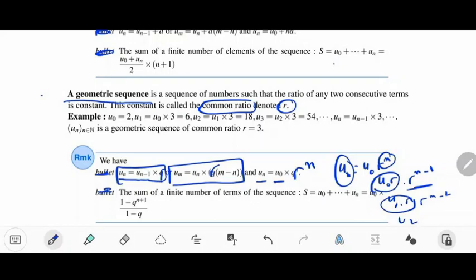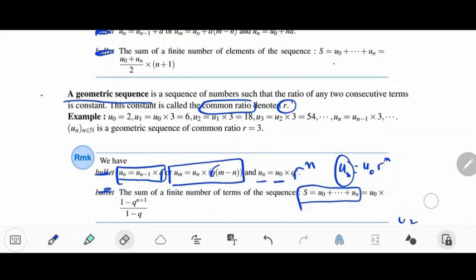What's also interesting is to calculate the sum of n terms of the geometric sequence, which is u0 plus u1 plus u2, etc. until un. It's equal to u0 times 1 minus r to the power n plus 1 over 1 minus r.